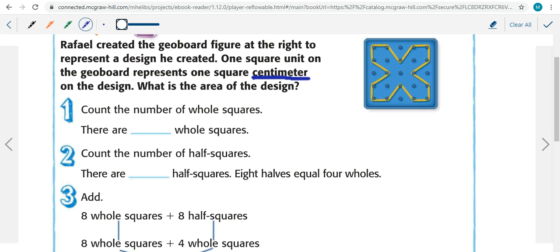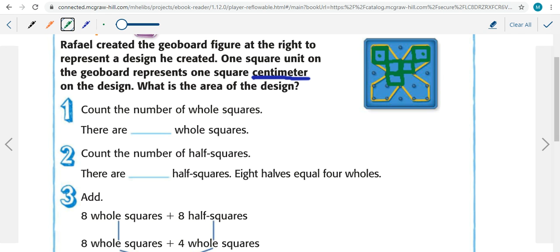So you have to follow steps to find the area of this design. The first thing that you're going to do is count the whole squares, okay? Let's count. This is 1 whole square. We have 1, 2, 3, 4, 5.